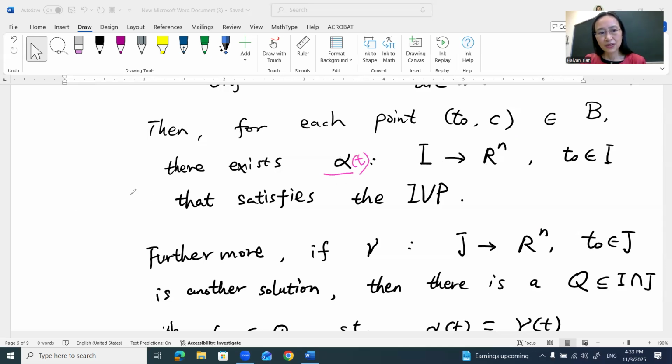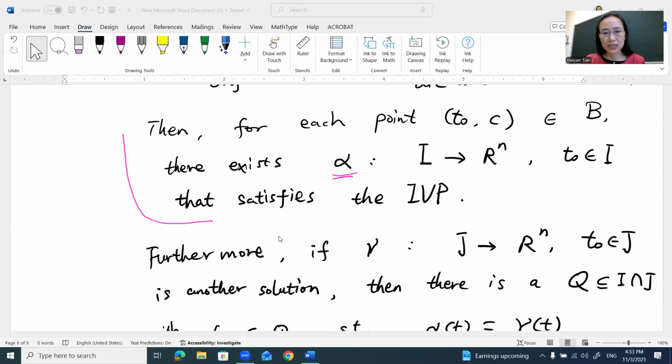Remember, this solution curve is a function of t, so it maps from a time interval to Rn. But t naught has to be a point of this time interval. So there exists such a curve from I to Rn that satisfies the initial value problem. This is part of the conclusion: there exists a solution.